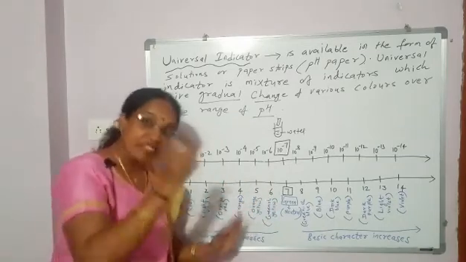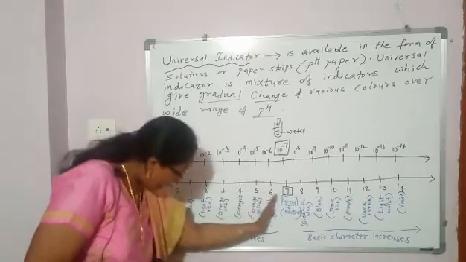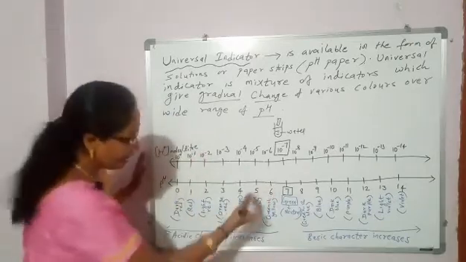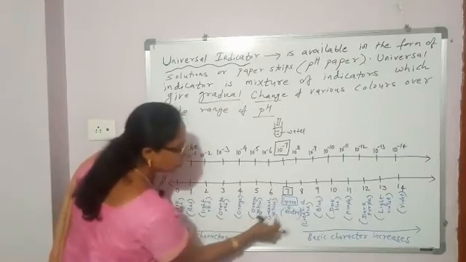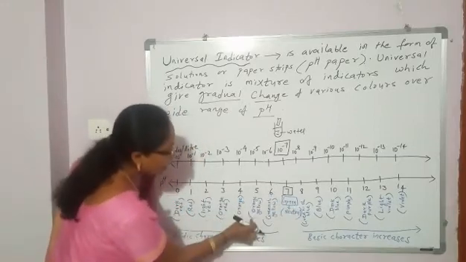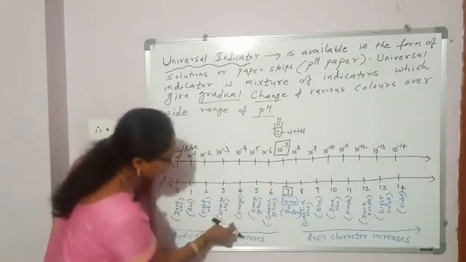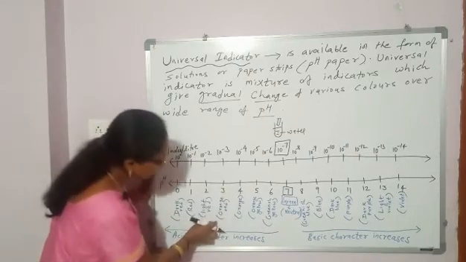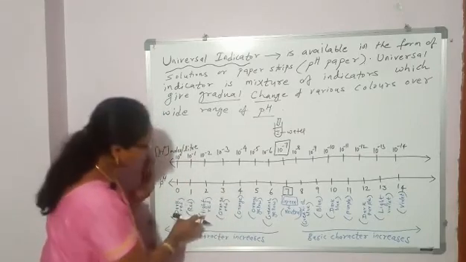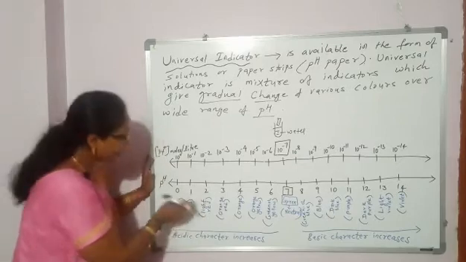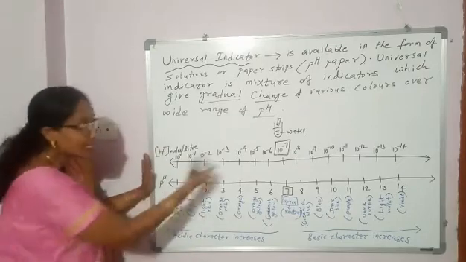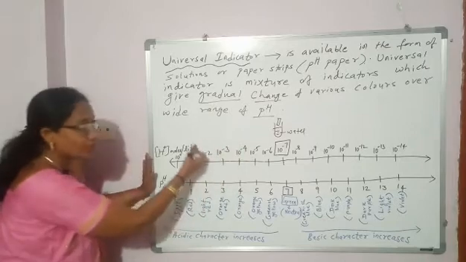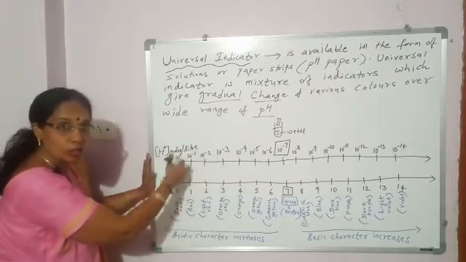As you move ahead, you see a gradual change in color from green to greenish yellow, then orange yellow, then orange red, then light red, then red and finally dark red. Means hydrogen ion concentration goes on increasing in a particular solution.